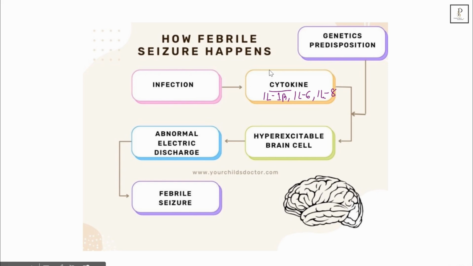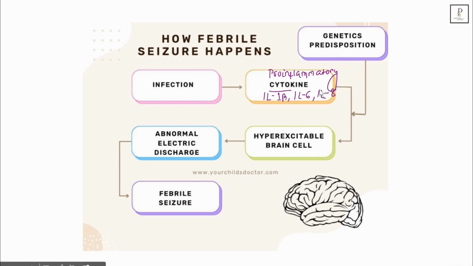These are also called pro-inflammatory cytokines. If there is some infection or immunization, it will lead to secretion of cytokines in the body, and these cytokines will act on the brain.